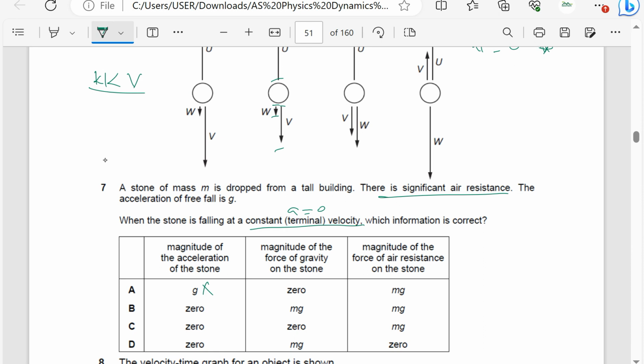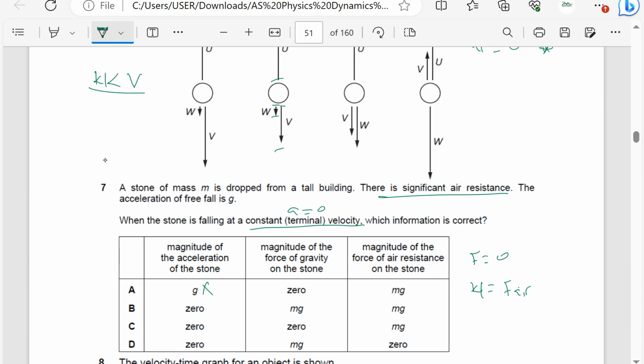Then the magnitude of the force of gravity on the stone, so the weight, of course, the weight remains constant. The weight remains constant even though when it is falling at terminal velocity, the resultant force is equal to 0, which means that the weight is equal to the force due to air resistance. The magnitude of the force of air resistance of the stone is equal to weight.